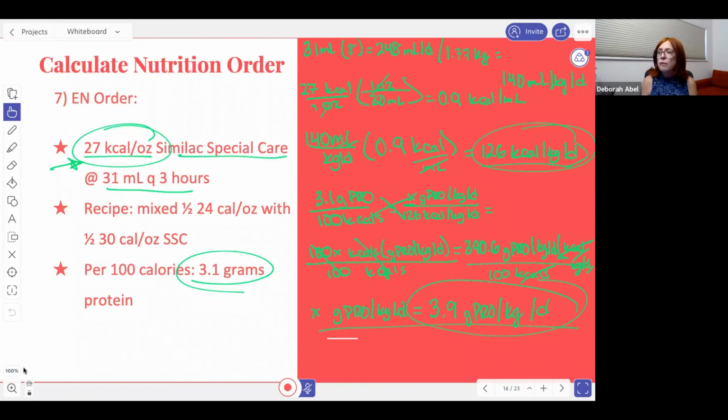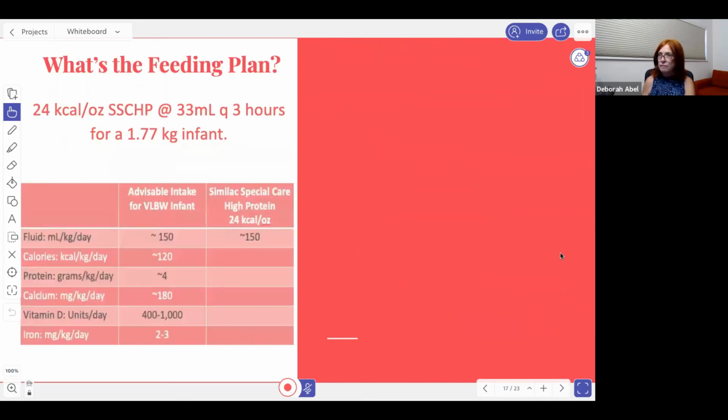But when we have a growth velocity that is 23 grams per kilogram, we really want to consider how we're going to lower that amount of intake, yet sustain the amount of protein going into the baby. So let's go on to the next slide.